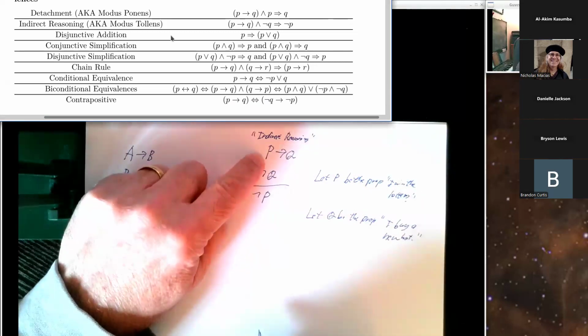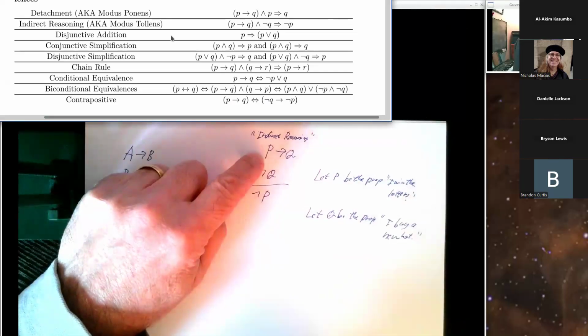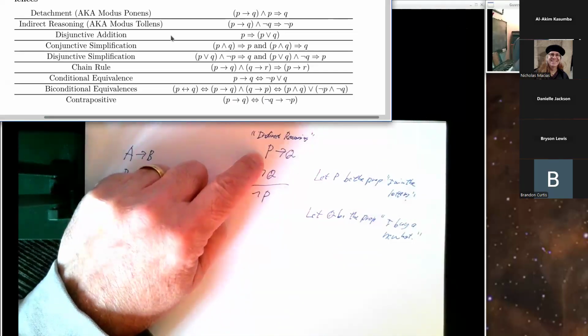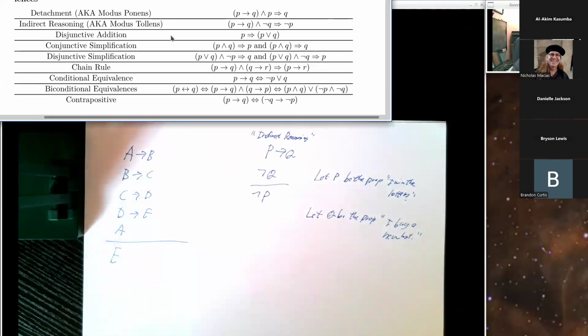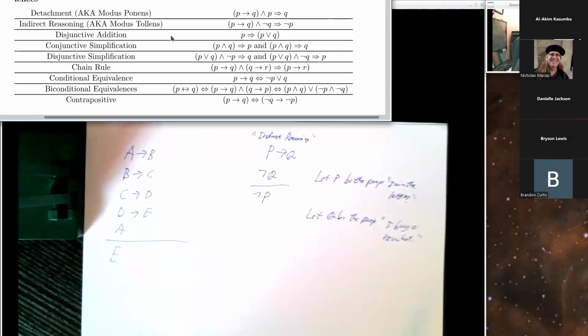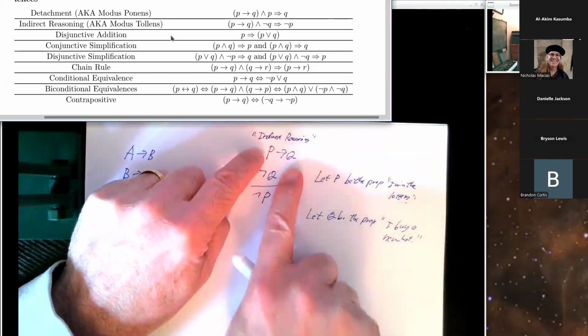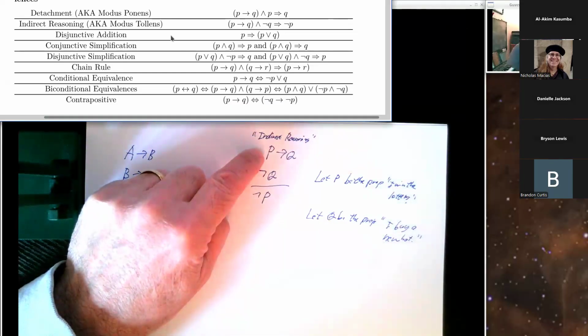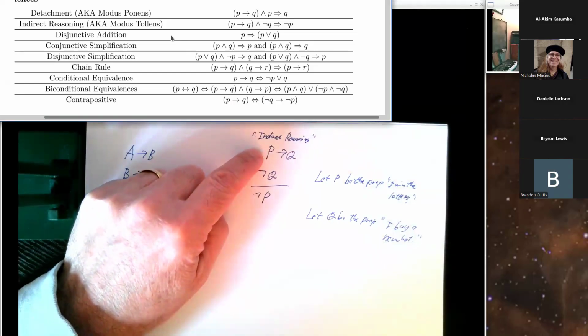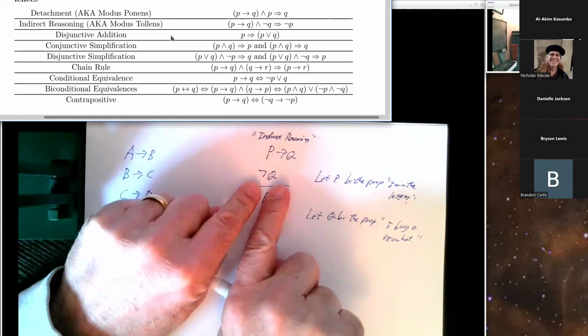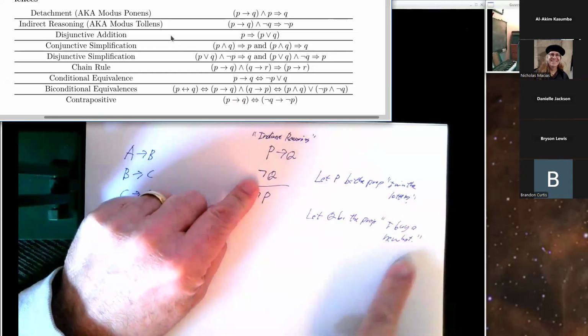So P implies Q says, if I win the lottery, then I buy a new hat. And it doesn't matter whether that's a true statement or not. For the sake of doing this proof, we're assuming that this is a true statement. So fix that in our minds. If I win the lottery, then I buy a new hat. And suppose this is also a true statement, not Q, which says I did not buy a new hat.